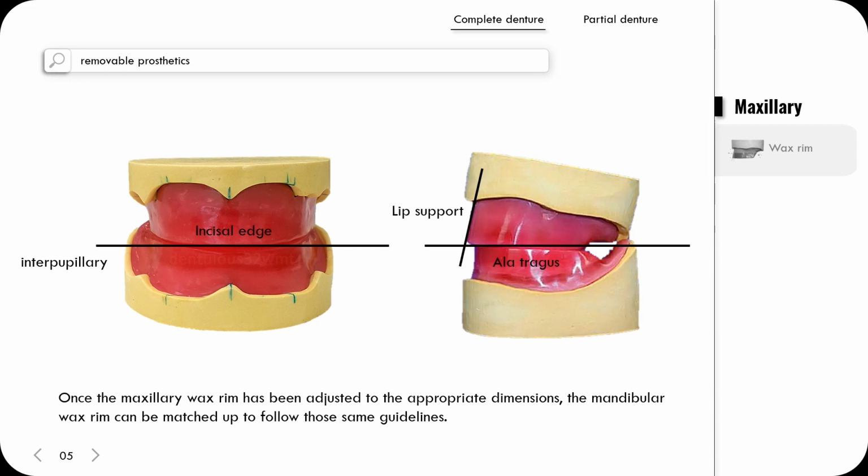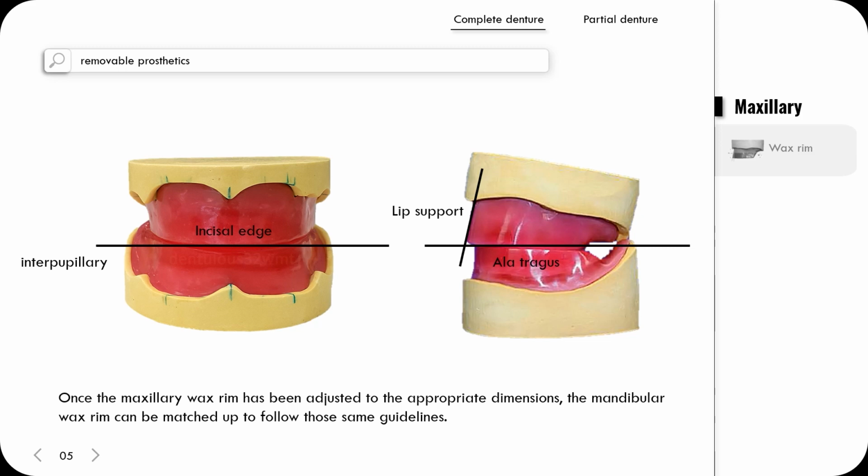And if you think about it, our lower rim can also be made, and for the most part, all those parameters that we had figured out, they'll match up with the upper. For example, we know that the rims should be parallel to the interpupillary line. So if you make the lower rim just match up to the upper rim, you know that those things coincide. And then the ala-tragus, or the occlusal plane from that sagittal view, that's established on the upper, and then really the lower teeth just need to match up to the upper teeth.